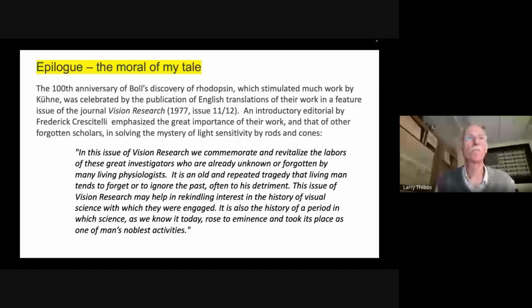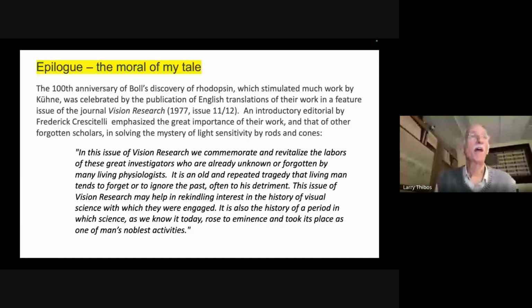Now I'll finish with a brief epilogue, the moral of my tale. The 100th anniversary of Bohl's discovery of rhodopsin, which stimulated so much work by Kuhn, was celebrated. By the way, Kuhn is famous and Bohl wasn't. Same story all over again.